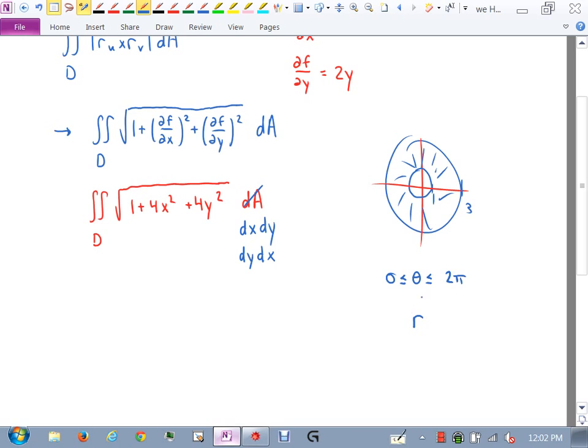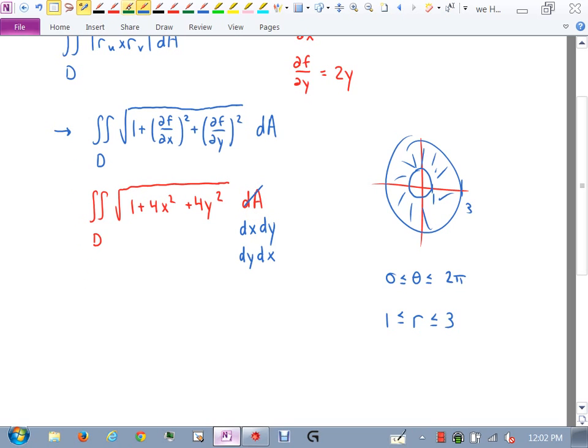Can you tell me the restriction on r? 1 to 3. Now we need to convert all our variables over. X becomes r cosine theta. All our y's become r sine theta, right? And then you always have to put the r and then dr d theta, right?